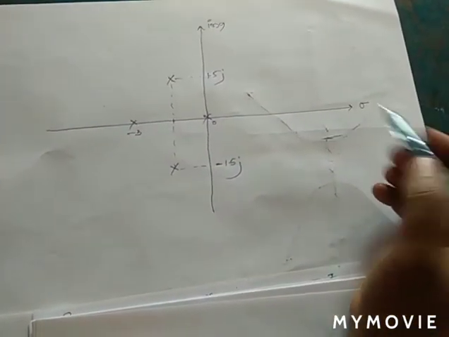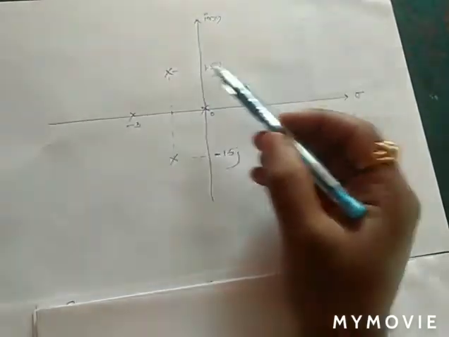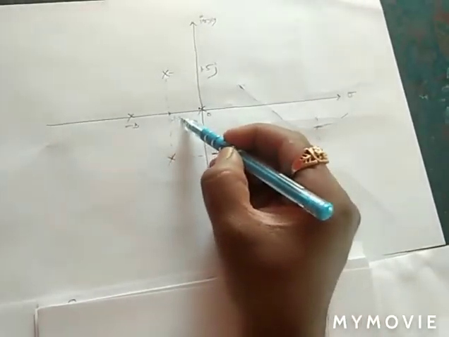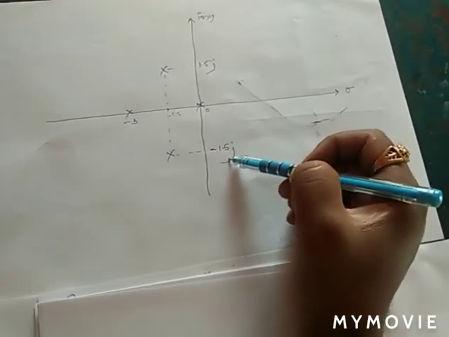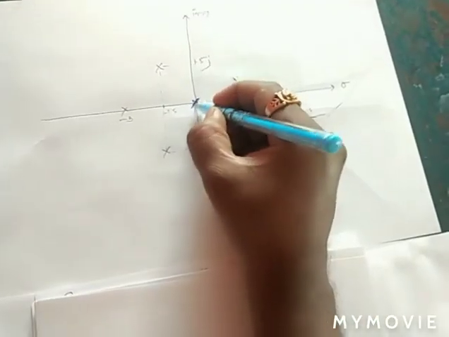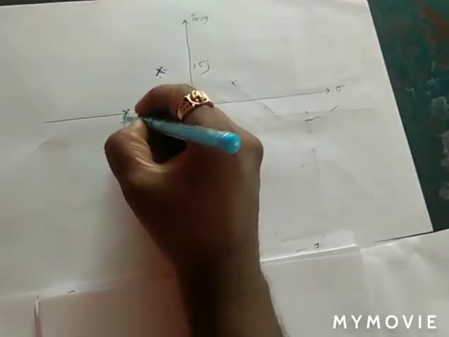Okay, so this is clear. 0, minus 3, minus 1.5 plus j 1.5, minus 1.5 minus j 1.5, right? So 4 poles.